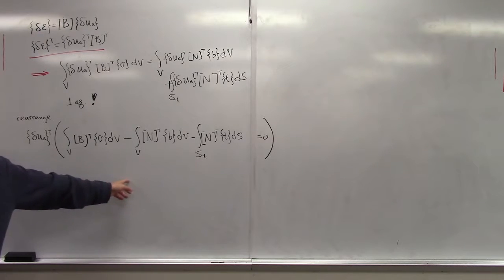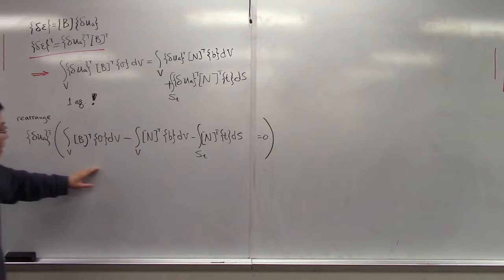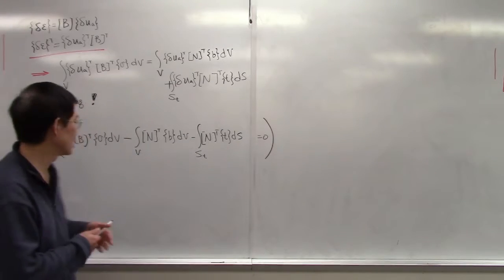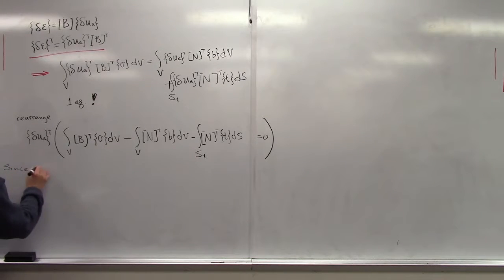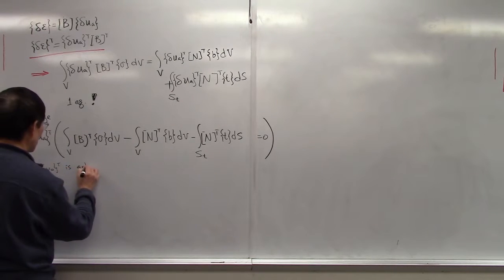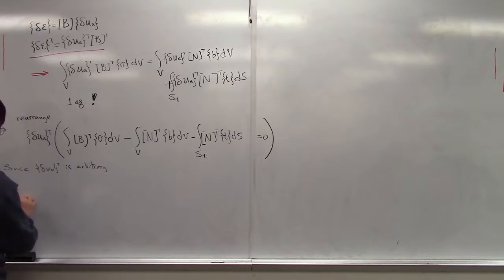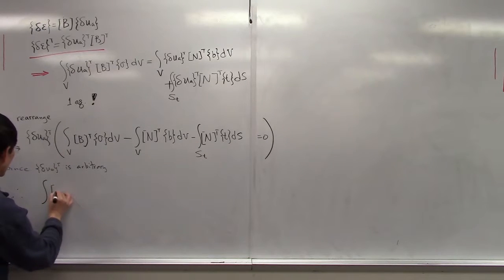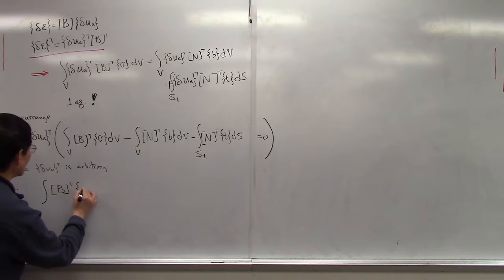It should hold all the time. Then we argue that because delta U A is arbitrary, what is inside must be 0 in order for this thing to hold true.